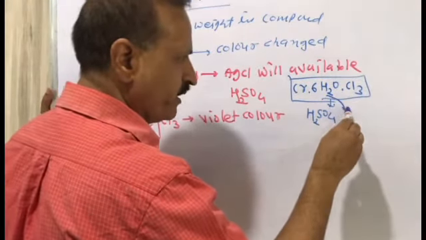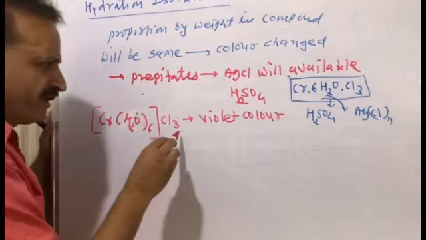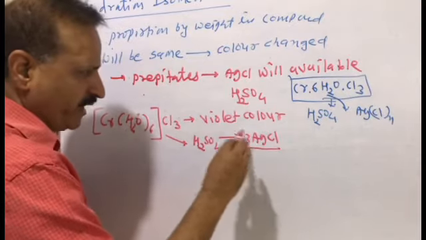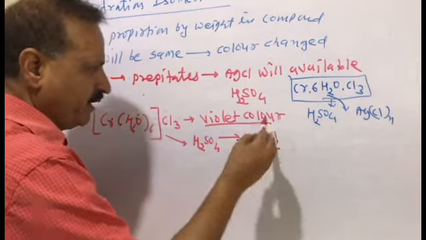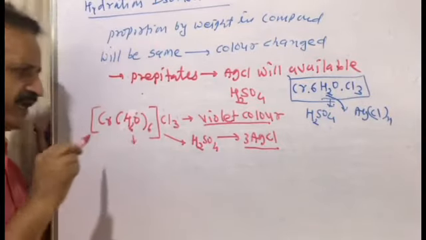from the complex compound. So we are having violet color when it reacts with H2SO4, then 3 molecules of AgCl will be obtained and violet color will be obtained. It proves that no water molecule is released from the ligand.